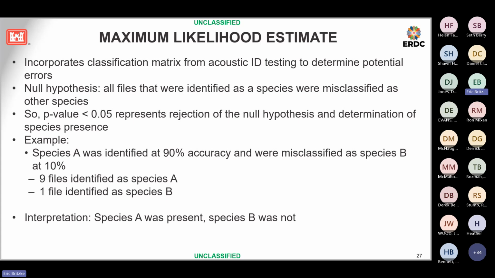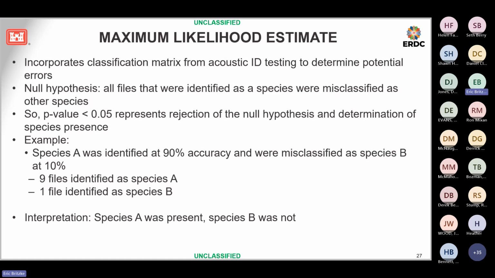You may have heard of this. Basically, it's a statistical approach that takes the classification matrix, the expected error rates and correct classification rates from that matrix, along with the number of files identified as each species from a single site night, to test whether all of those files identified as a species were misclassified as other species. And this is really important.